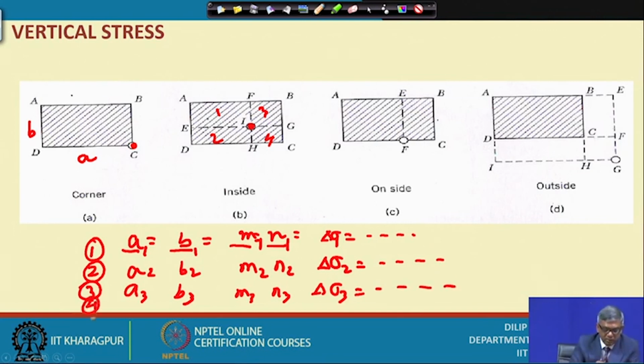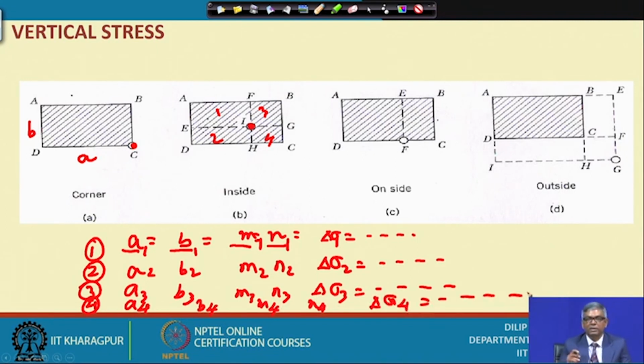Similarly for the fourth one: A 4, B 4, M 4, N 4, and then delta sigma 4 by using the corner formula. That means, independently I have got 4 rectangles and applied the corner formula 4 times, and I have got 4 values: delta sigma 1, delta sigma 2, delta sigma 3 and delta sigma 4.